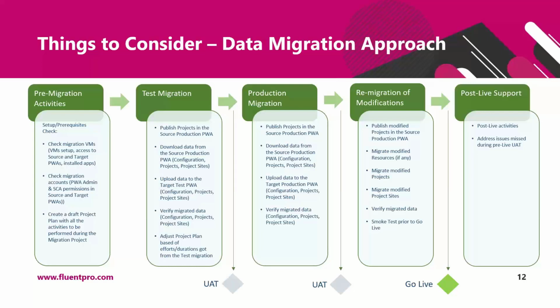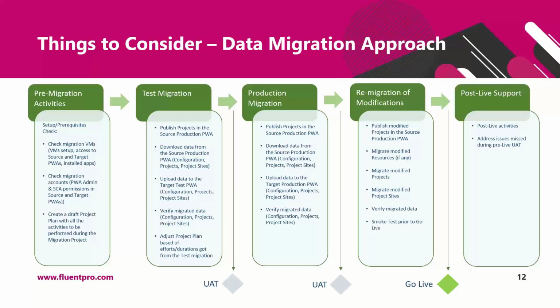Publish, download, upload, and verification of migrated data, as well as the types of the issues and time spent on their resolution or mitigation. Once the test migration phase is completed and you've got empirical knowledge about the environment, migration speed, and specific issues of the data, adjust the project plan for production and delta phases.